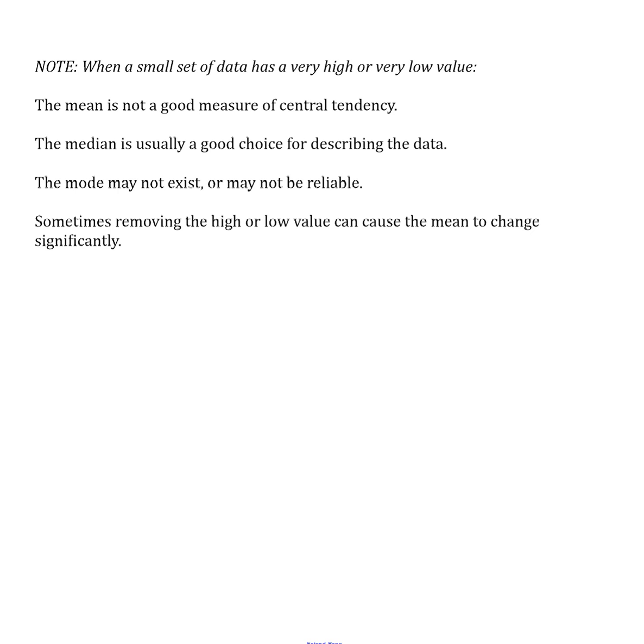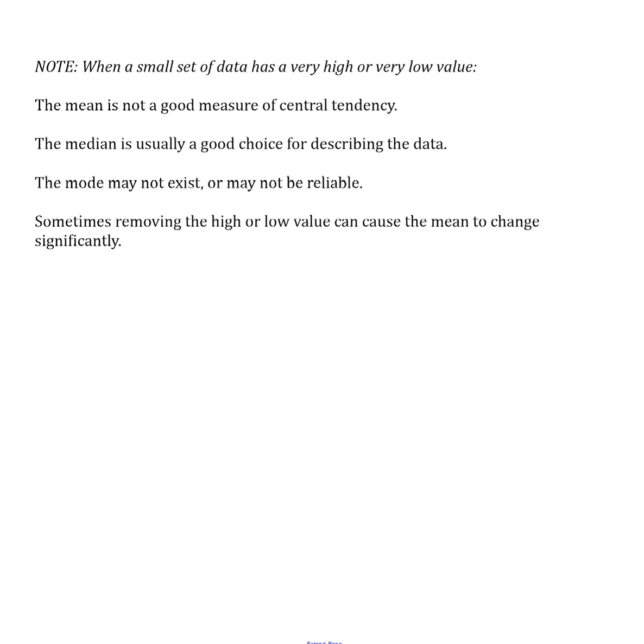That one grade 1 student is going to be so far off of the other students that it's going to really impact the average. In that case, the mean or average is not a good measure of central tendency. In a case where you have a really small set of data with some extreme numbers, so one very high or one very low, it's actually a lot better to use the median.